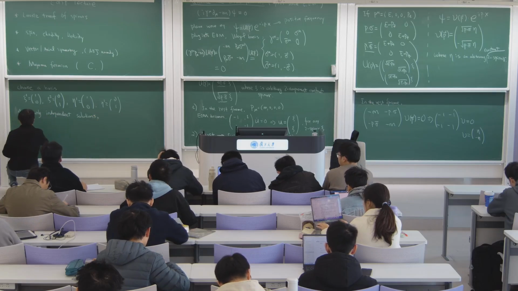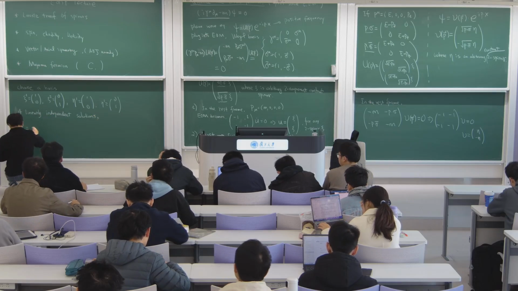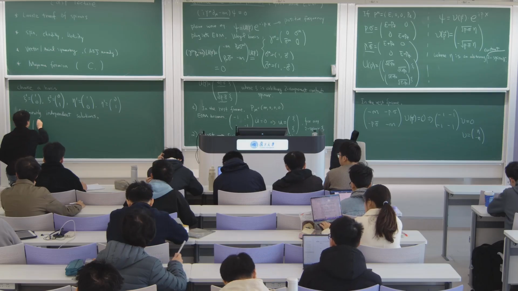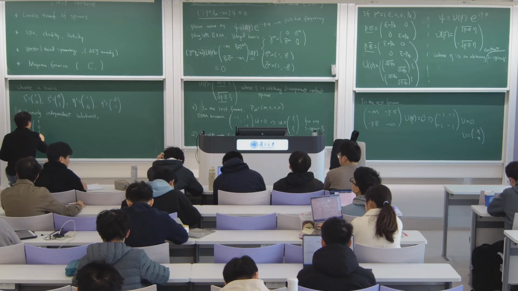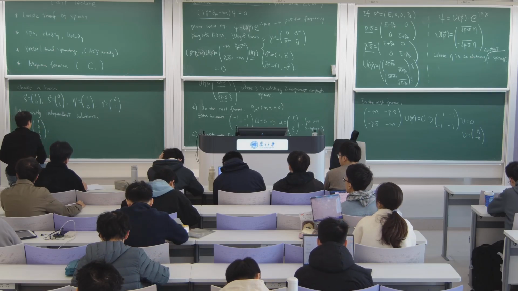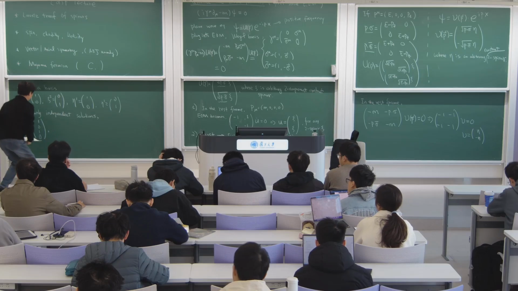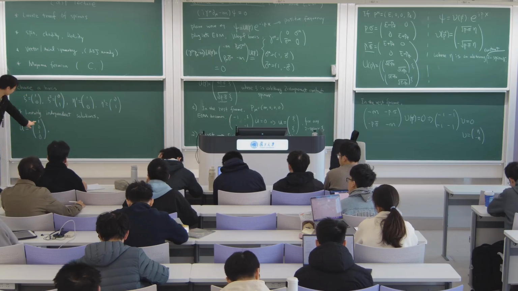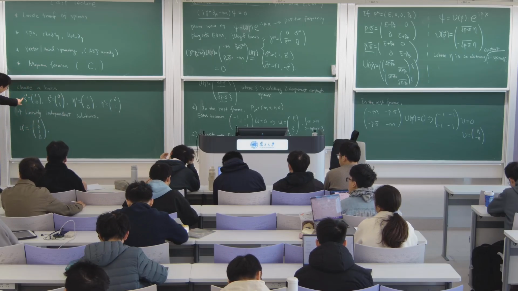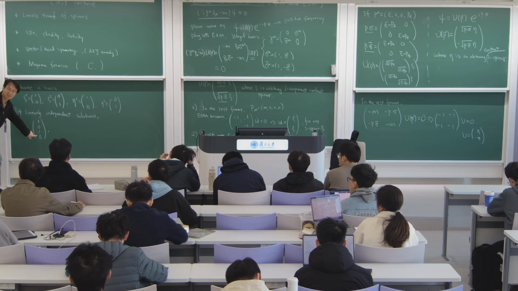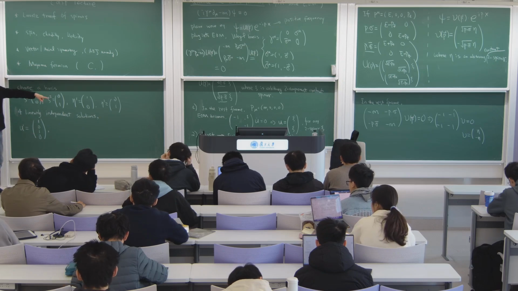If we write them as four-component objects, let's say 1, 0, 1, 0, this corresponds to C1, because U equals C, right?